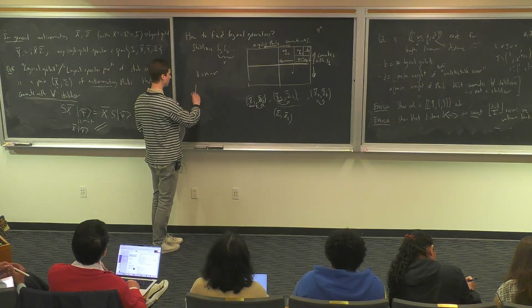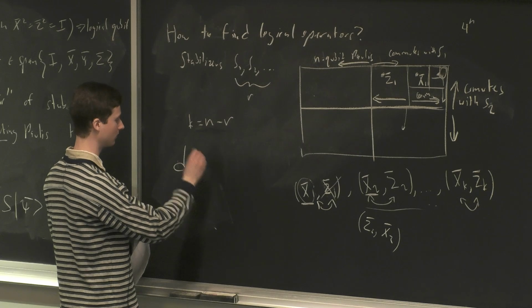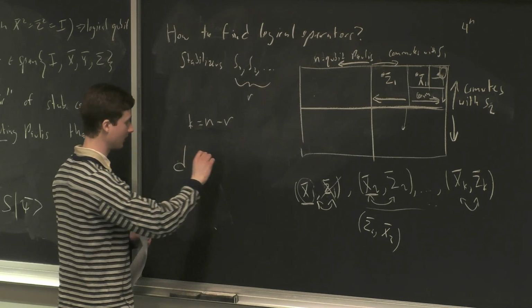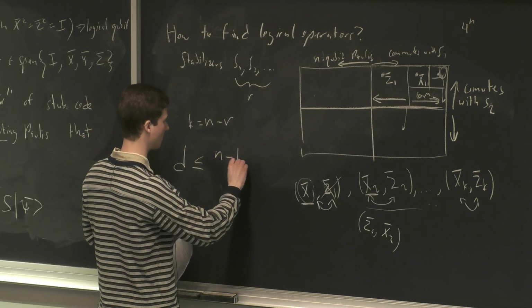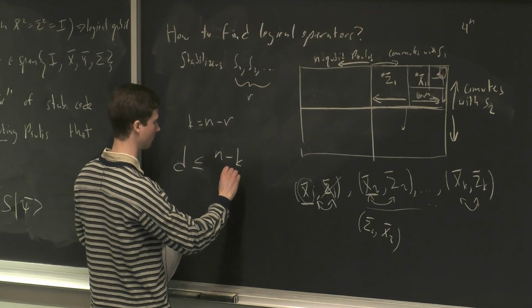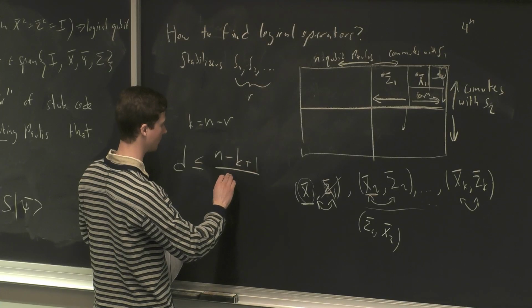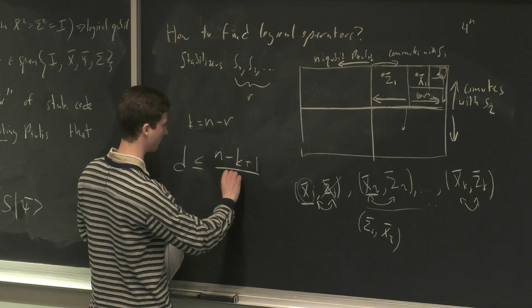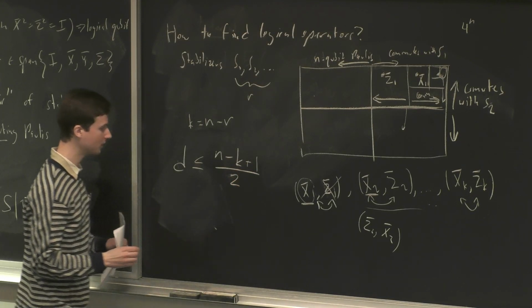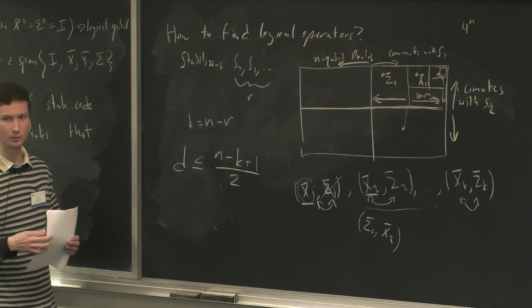It turns out that optimally, our distance is always at most something like n minus k, I think plus, I may be getting this plus 1 wrong. But it's always at most something like n minus k plus 1 over 2.